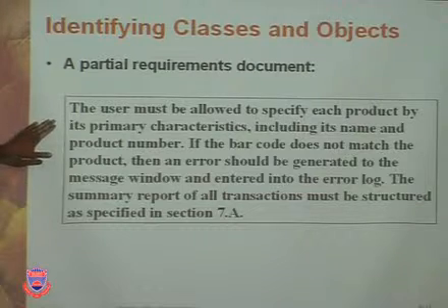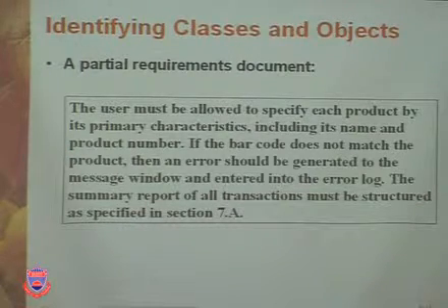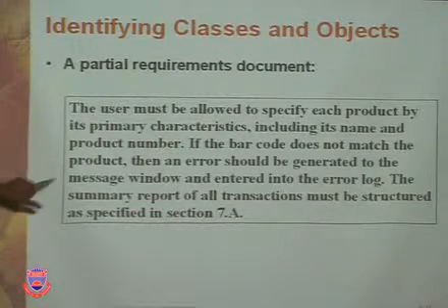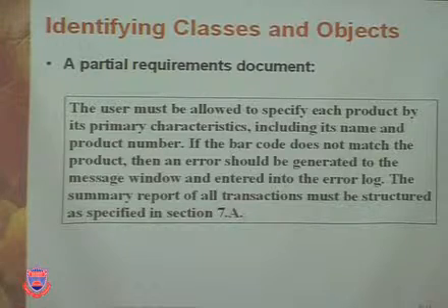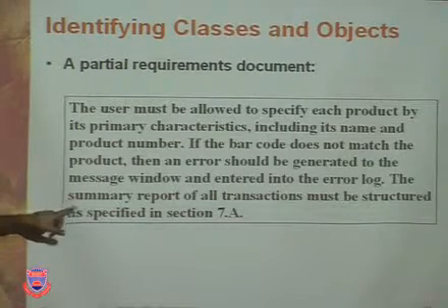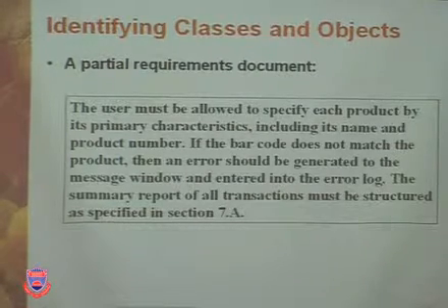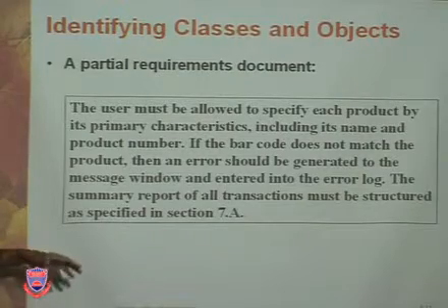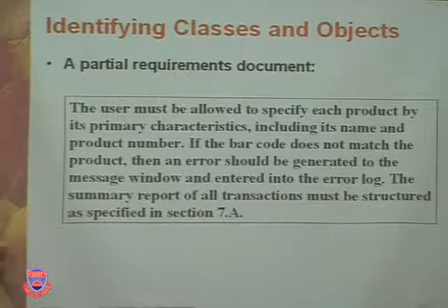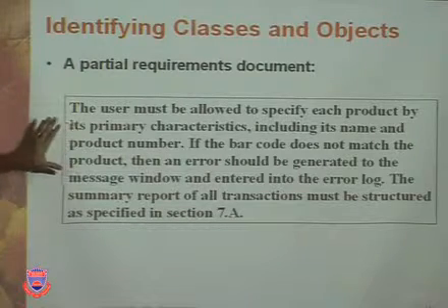So it says the user must be allowed to specify each product by its primary characteristics, including its name and product number. If the barcode doesn't match the product, then an error should be generated to the message window and entered into the error log. The summary report of all transactions must be structured as specified in section 7.a, whatever that section indicates. So as you can see, this is a small part of a requirements specification document.